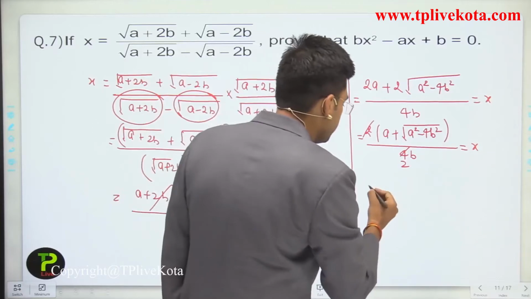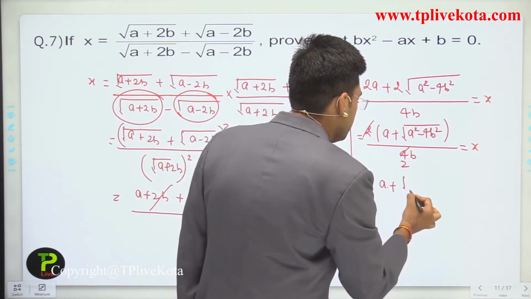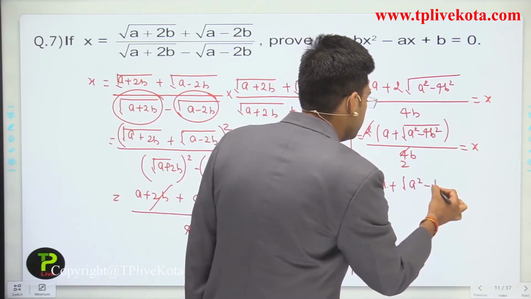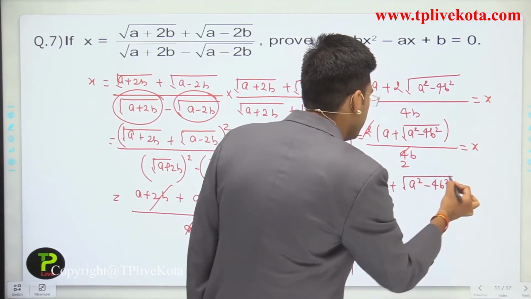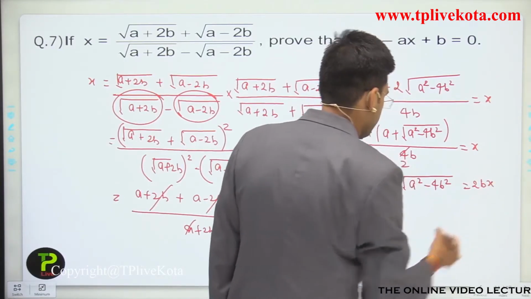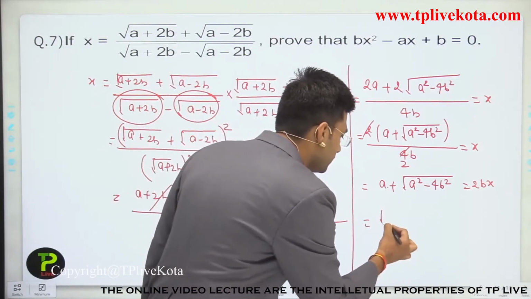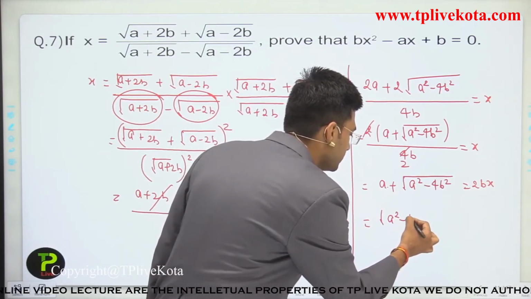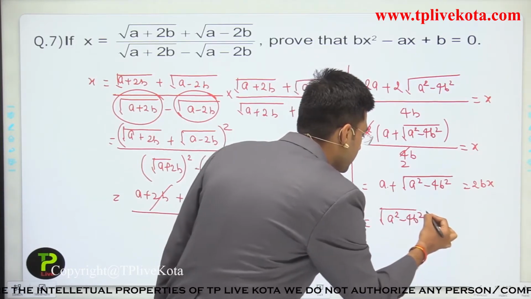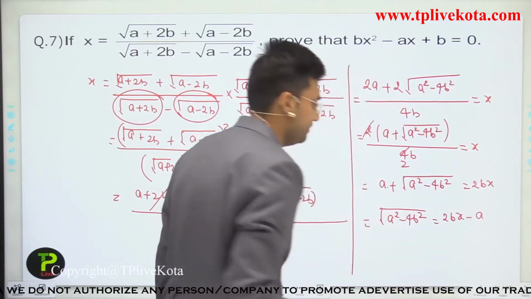When we solve this, we will get a plus root a square minus 4b square is equal to 2bx, clear. And we can write it as root a square minus 4b square is equal to 2bx minus a.